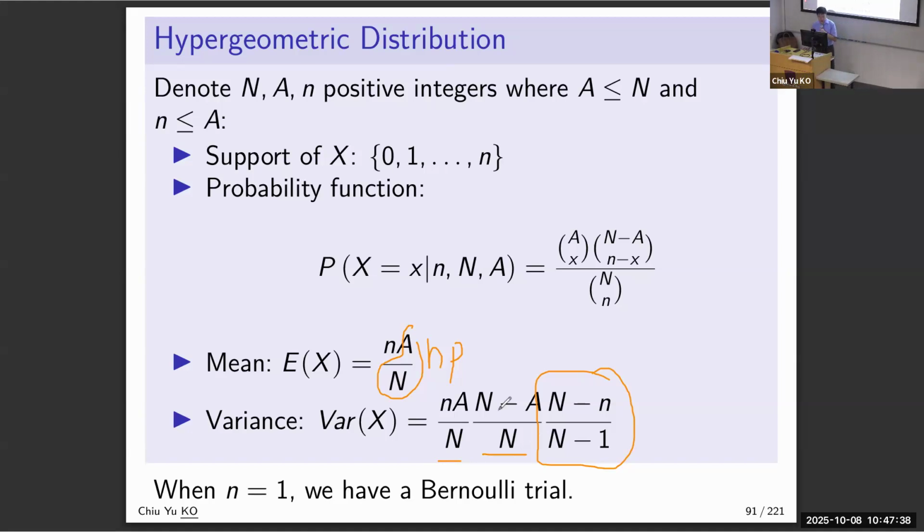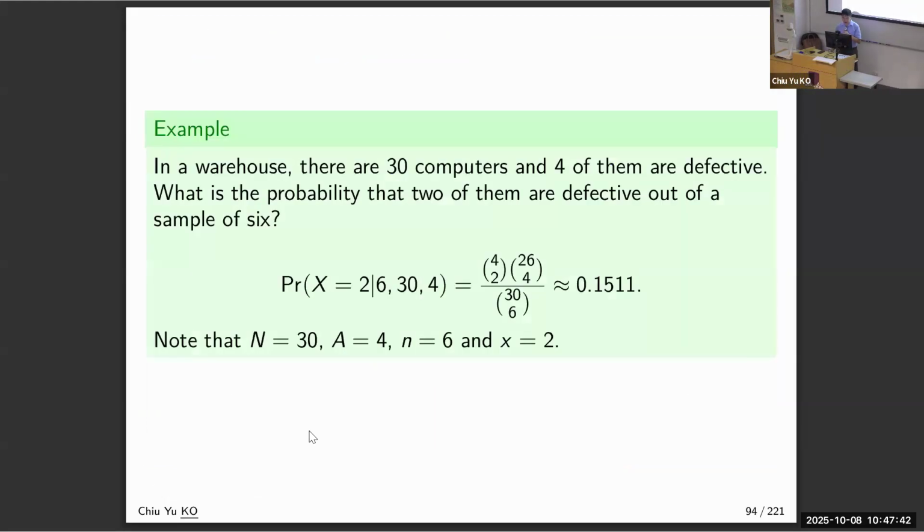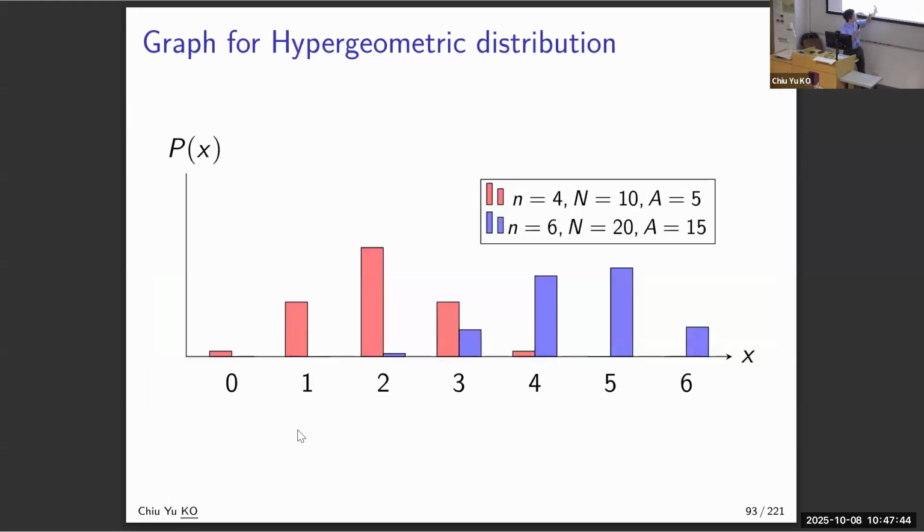But you do notice that both of them seem to be very similar to the, you can see, the pink and the purple one look similar to a bell curve. Later you will see actually that's true. If you increase the big N to very large, they are really close to the bell curve. Okay, so that's why we learn the Poisson, binomial, and hypergeometric.